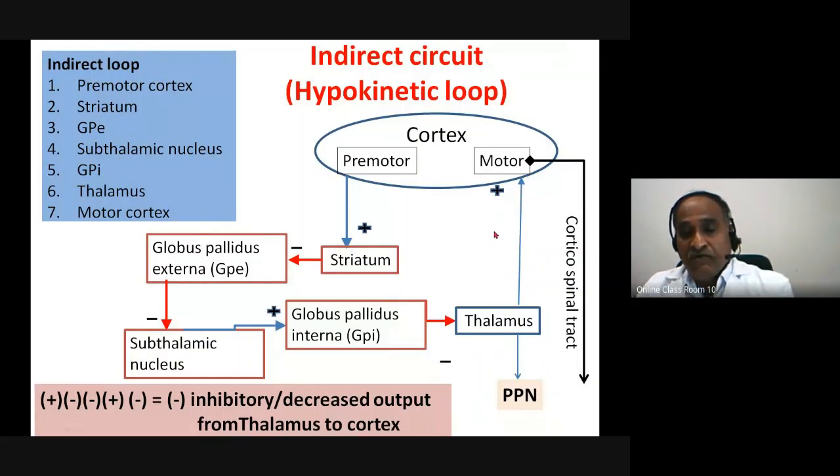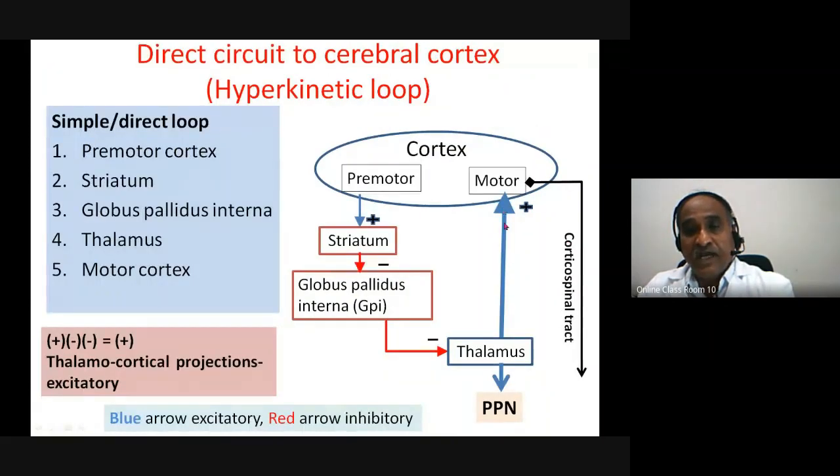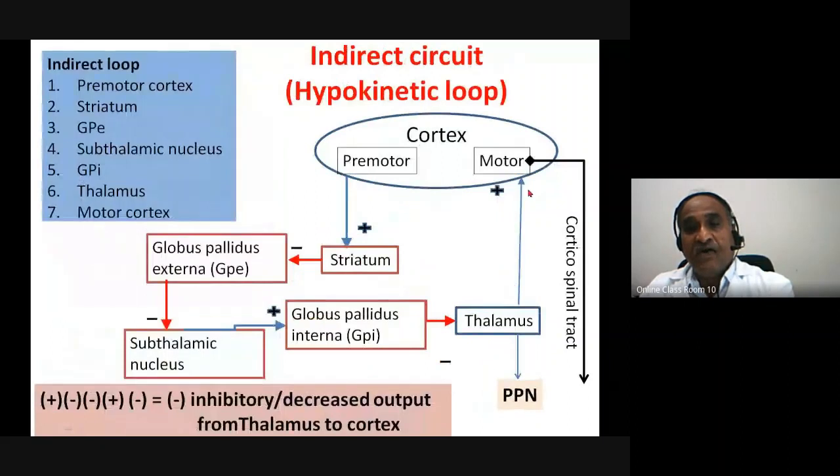So if you are looking at the previous one, this arrow from thalamus to cortex was a thick arrow I made. Here I have made a thin arrow that indicates it will be inhibitory. The impulses reaching here are fewer or less. That is the inhibitory circuit or the hypokinetic loop.